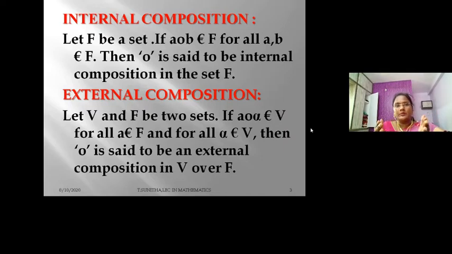In internal composition, for any two elements, after completing the operation, the resulting element must be in that set only. But here we take two elements from different sets: from V one element and from F one element. After completion of the operation, the resulting element must be in V. Then we say it is an external composition in V over F.